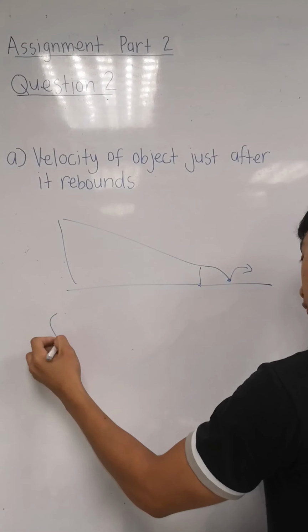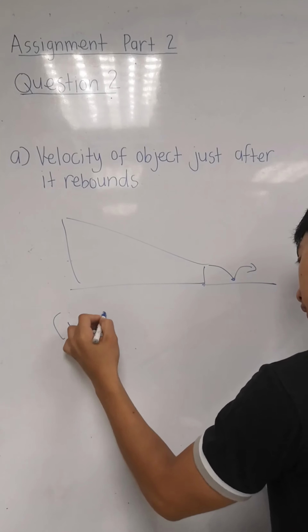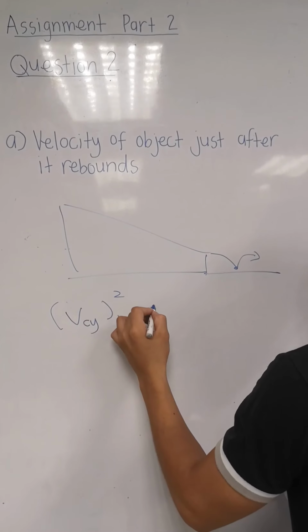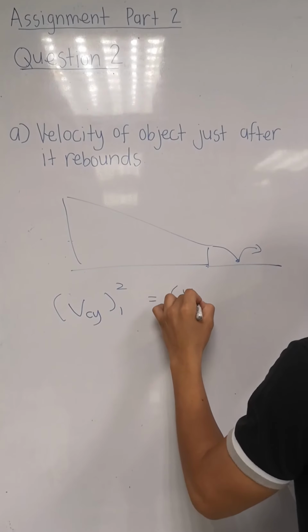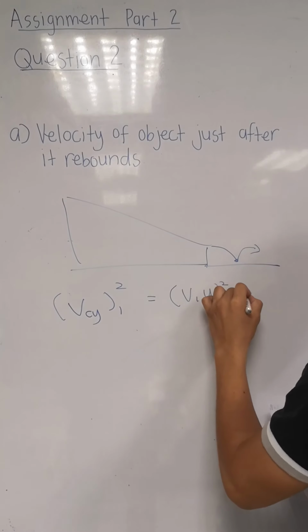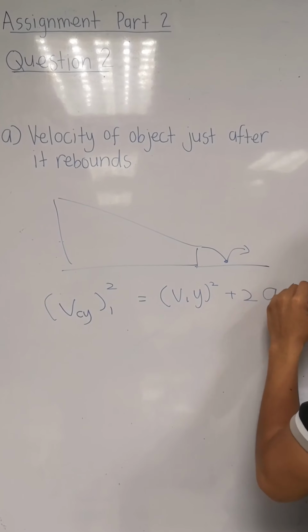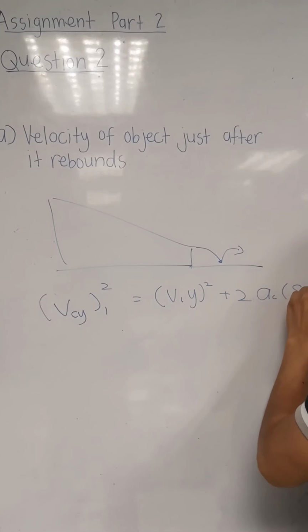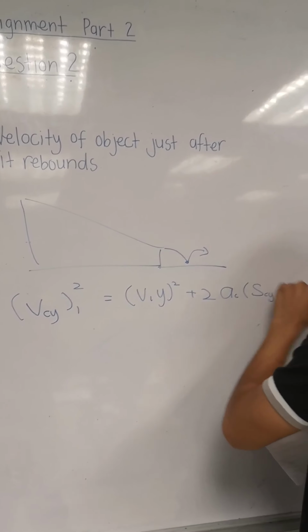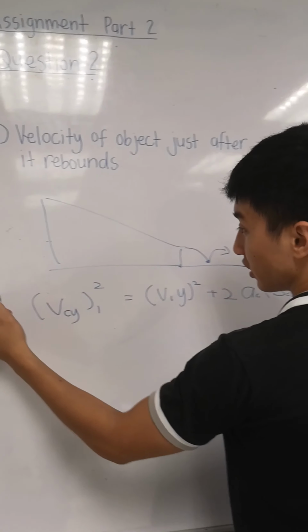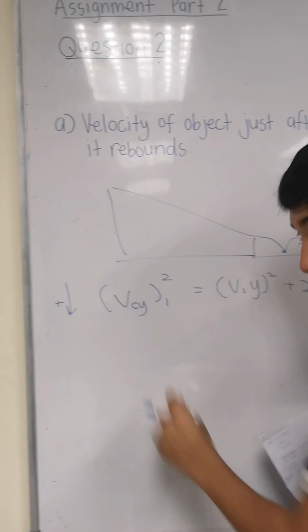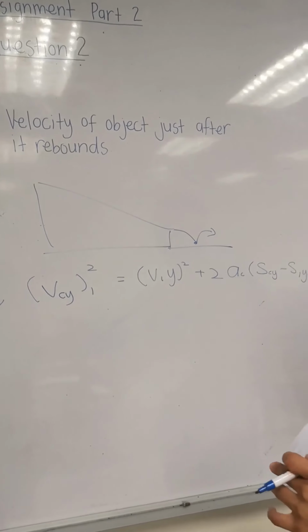VCY squared equals V1y square plus 2 times constant acceleration times SCY minus S1y, and we assume downward positive this time.